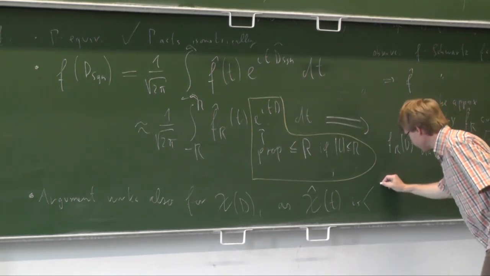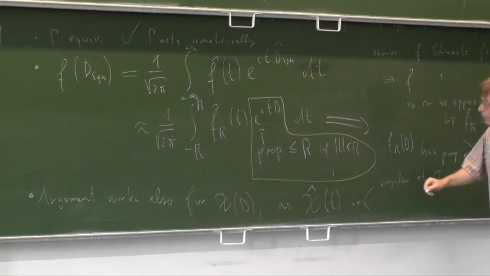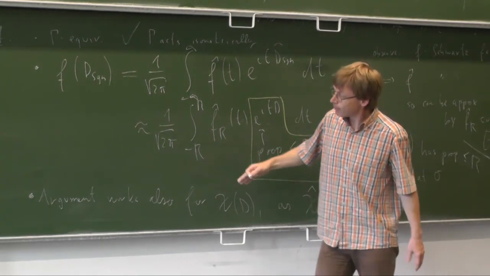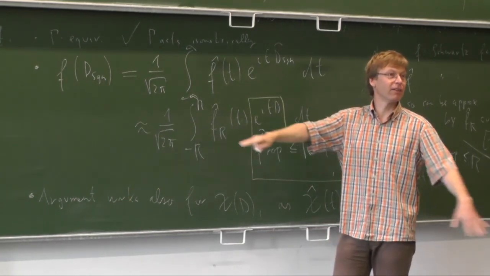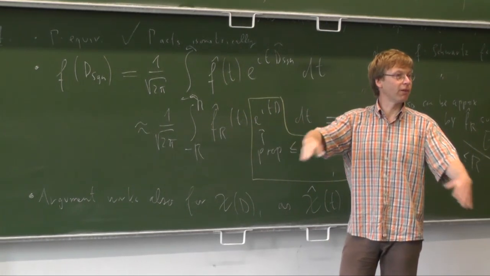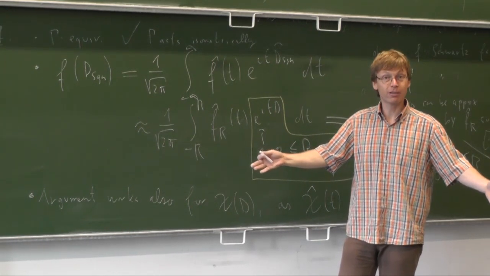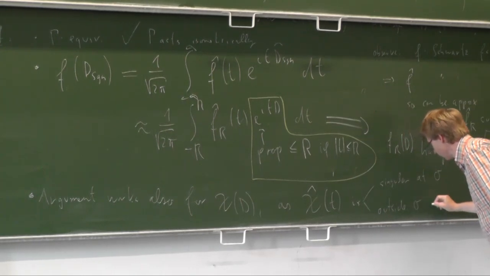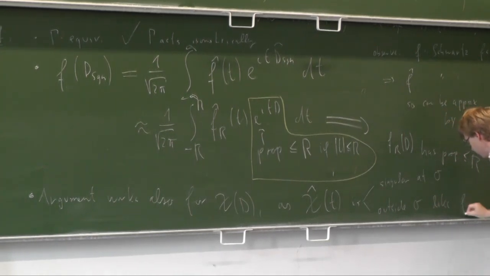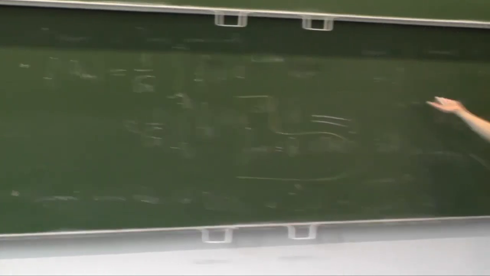So it's singular at 0, but all the rest is exactly like f hat. In particular, we can approximate it by something which is smooth and rapidly decaying and can be cut off to something of compact support. So outside 0 it is like f hat, which means that the argument for the finite propagation just works the same way.